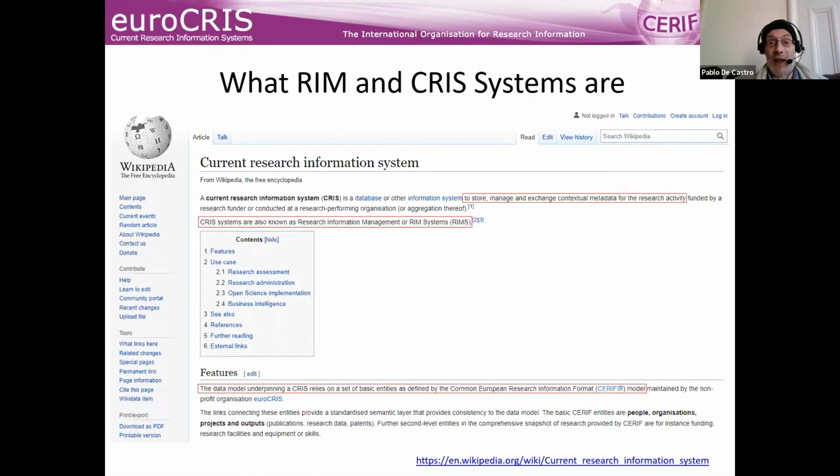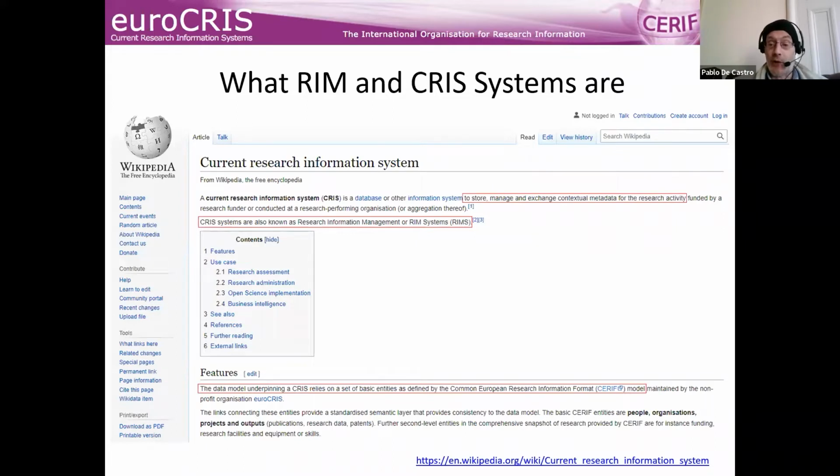So basically collecting information as metadata on the wide research activity that is carried out at a given organization. CRIS systems are also known as research information management systems or RIM systems, which is usually a terminology that is mostly used in the United States, whereas in Europe, we mainly talk about CRIS systems.